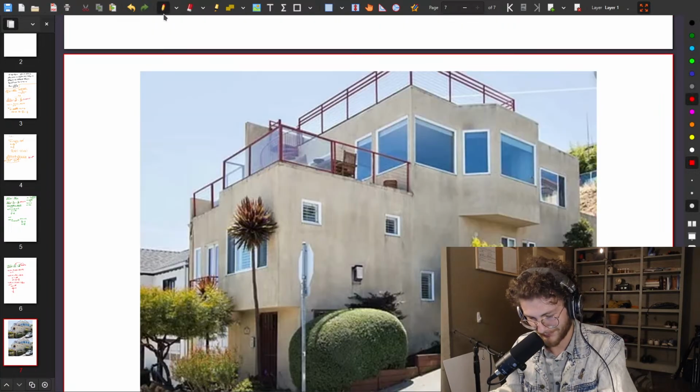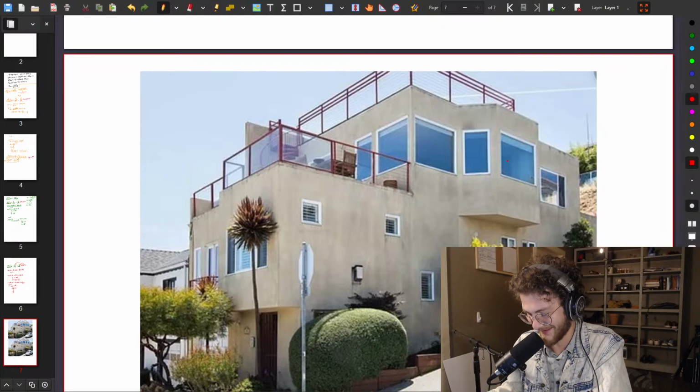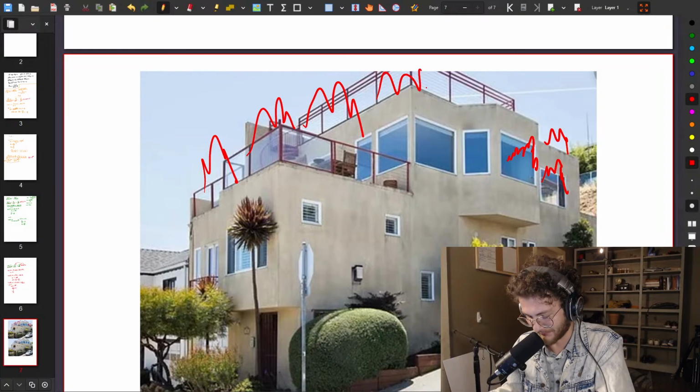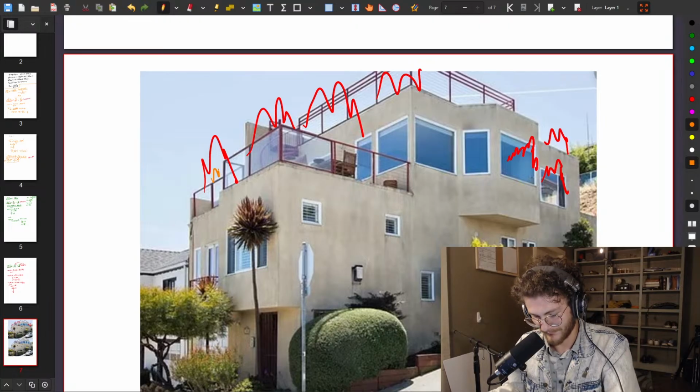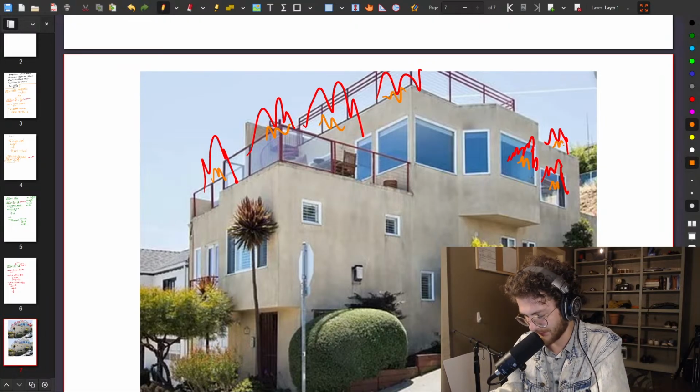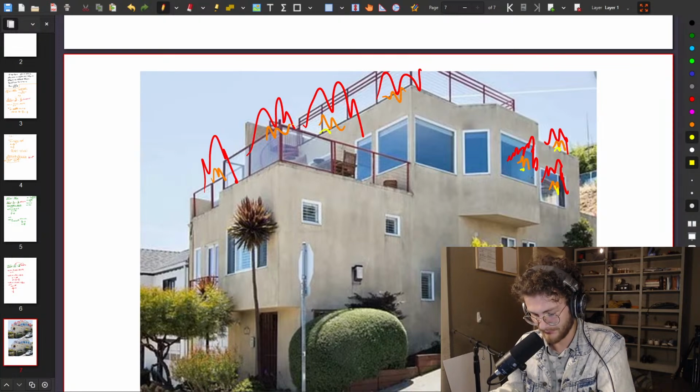I'll just do a little frowny face. Is this bad because this is in California? Screw it. This is too expensive of a house anyway. In this housing market, it's all good.